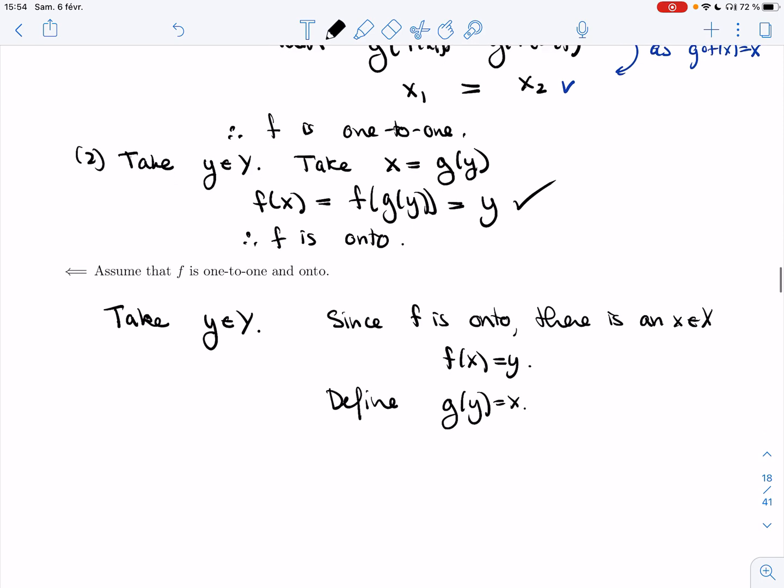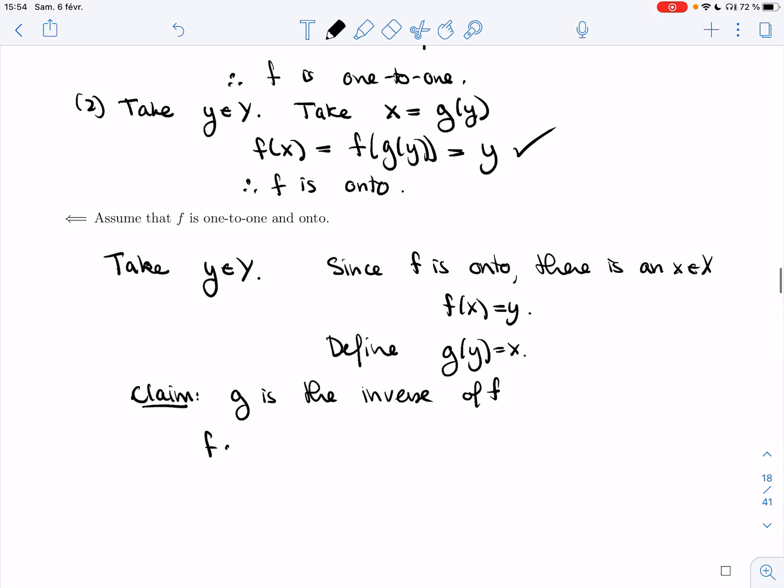So I want to prove g is the inverse of f. Let's prove one direction. One direction is actually easier than the other. By definition, this is f of x, and we've picked x so that it gives you y.